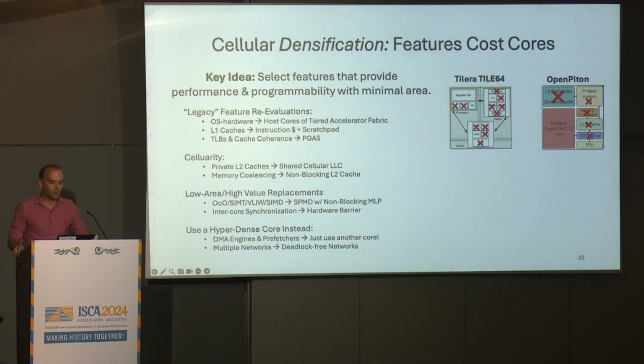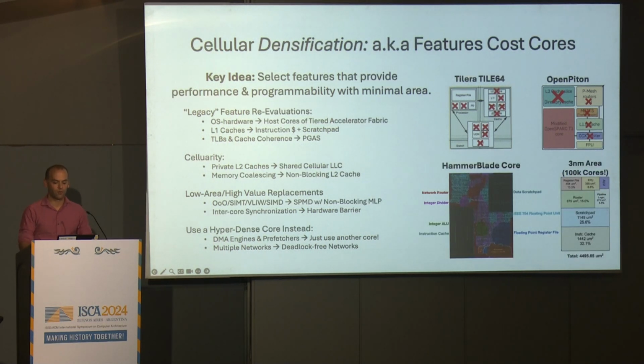By eliminating these, we can provide a hyper-dense Hammer Blade core that, as I said before, we believe we can achieve 100,000 cores in a 3 nanometer process. Now, if you're interested in all the features that we added and removed in our architecture, I encourage you to read the paper because there's not enough time to go into all the features that I've shown here.